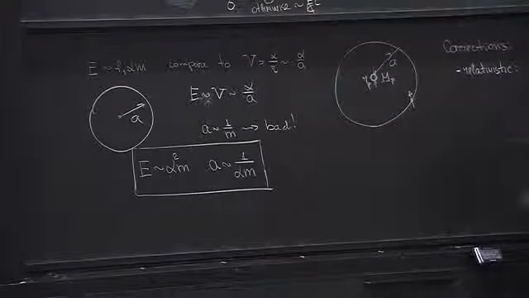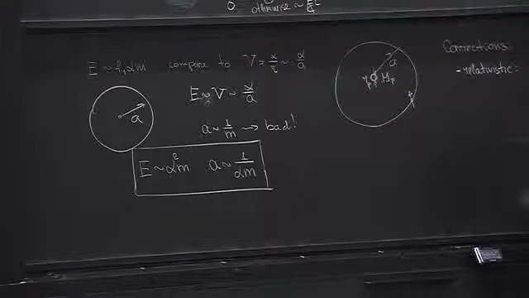Okay, so then finite mass corrections. Here we introduce the mass of the proton, so it's a dimensionful quantity. Now, instead of a function of just alpha, we'll have a function of alpha and the proton mass.